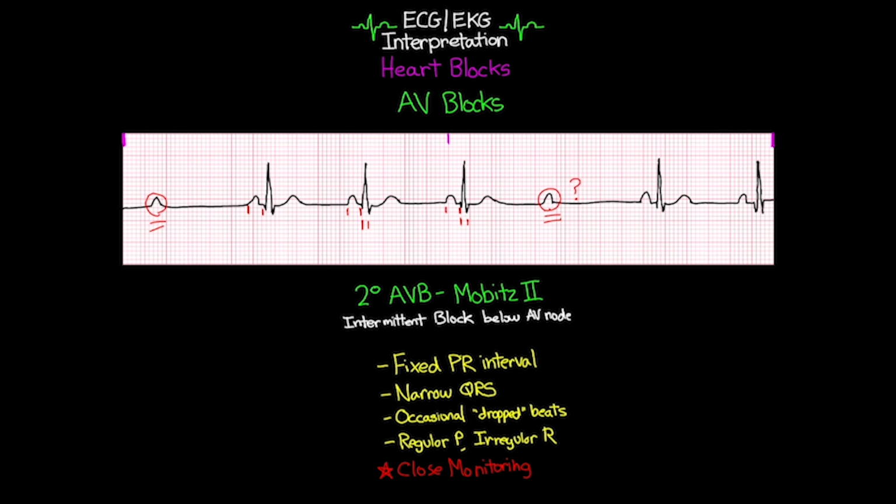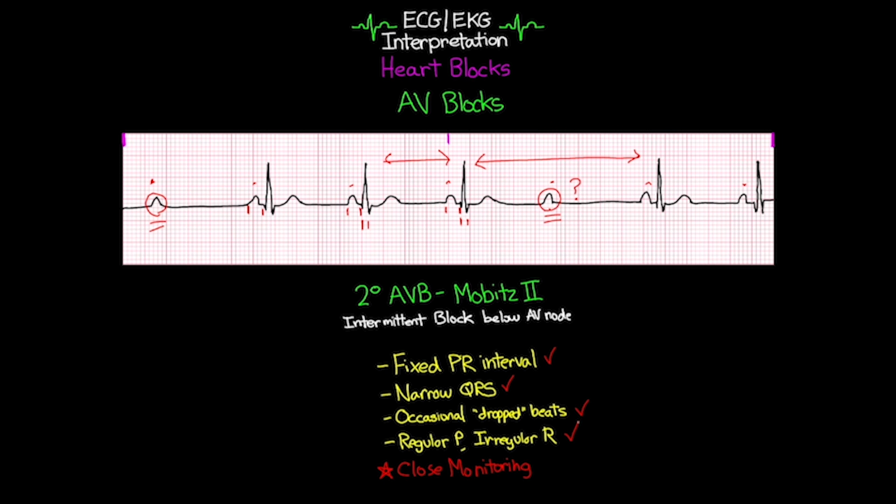So here we talked about our fixed PR intervals, our narrow QRS, having our occasional dropped beats. And then if you look at our P waves, you can see that these just march right along at a regular rate, and some of them get through and some of them don't. Whereas if we look at our R waves, we can definitely see we've got some irregularity based on these wide differences we see here.